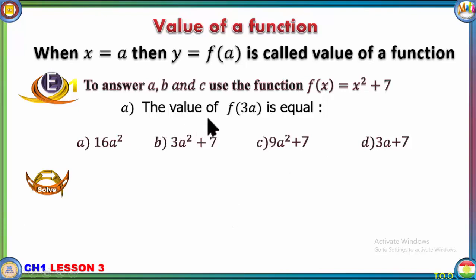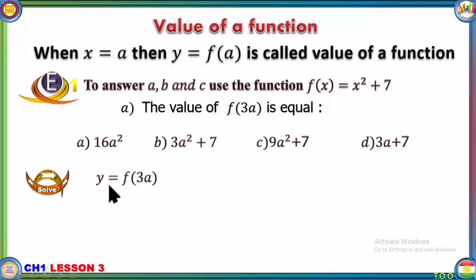A, the value of f of 3a is equal to: a, 16a squared; b, 3a squared plus 7; c, 9a squared plus 7; d, 3a plus 7.